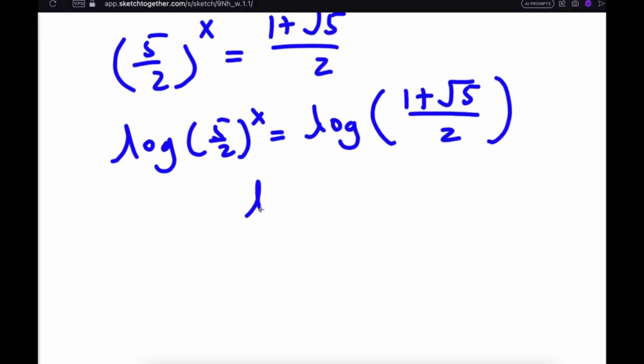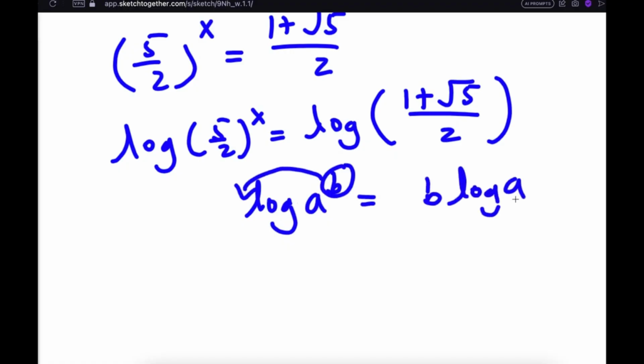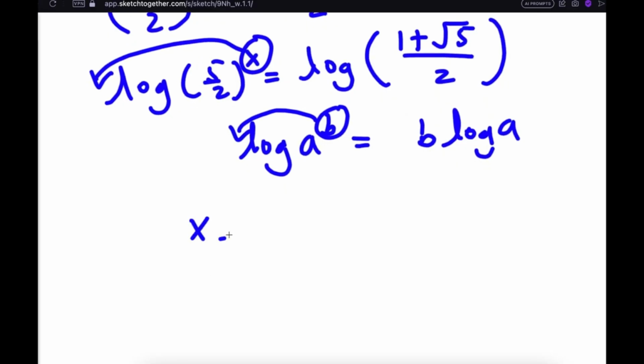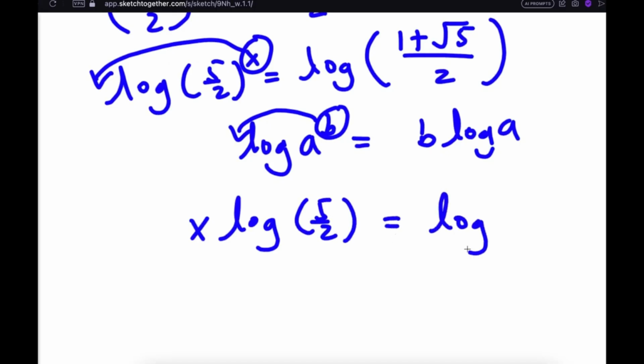Now if I have something in the form log a to the power of b, I can move this exponent b to the front, so I'll have b times log a. So log (5/2)^x, I can move this exponent to the front, so this will get me to x times log 5/2. This is equal to log of (1 plus the square root of 5)/2.